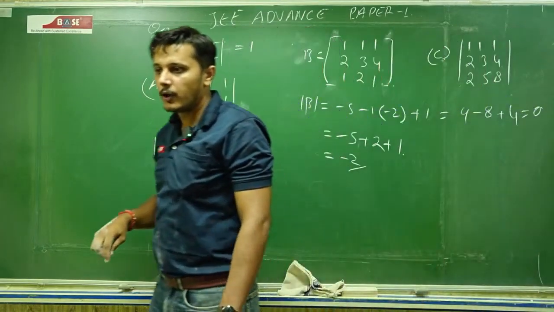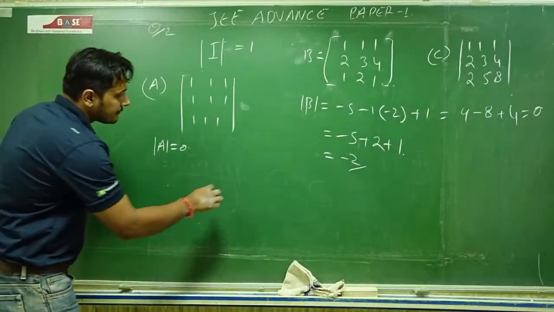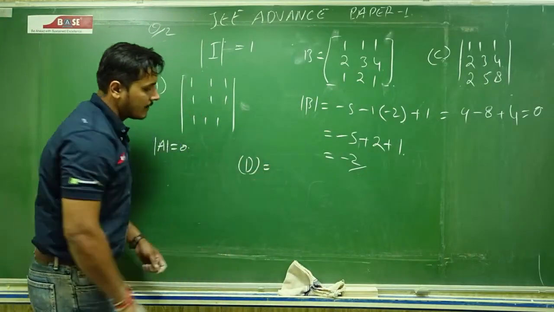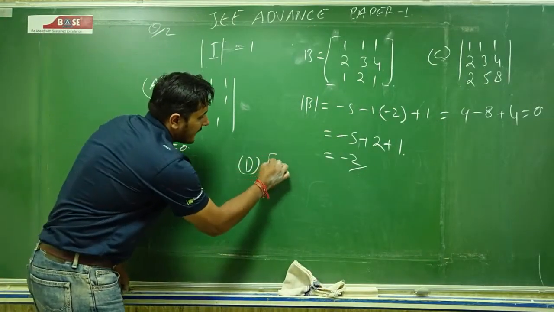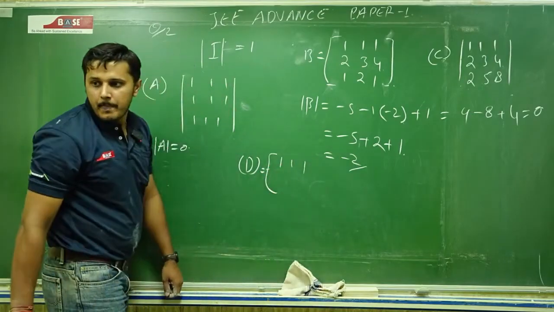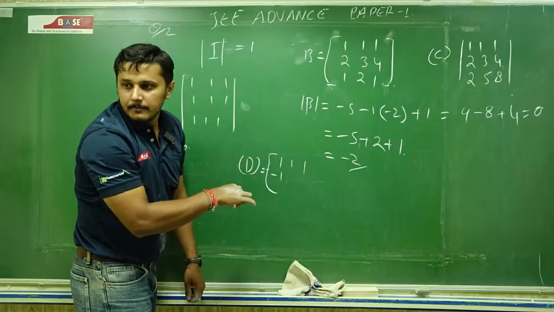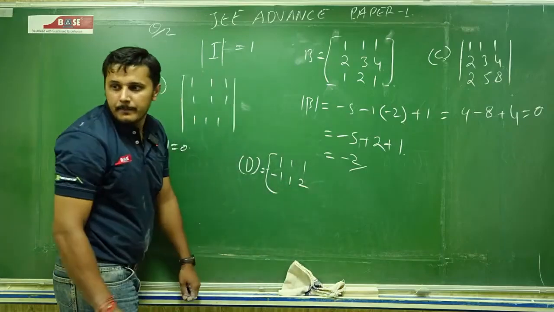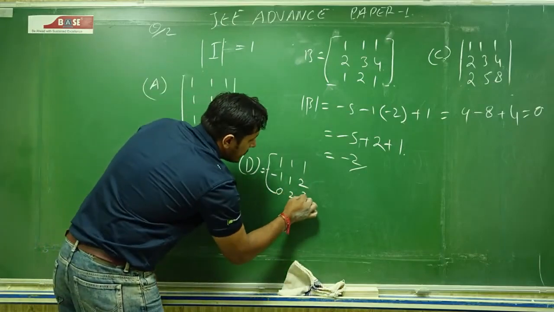So now let's go for option D. The matrix D is 1 1 1, minus 1 1 2, 0 2 3.